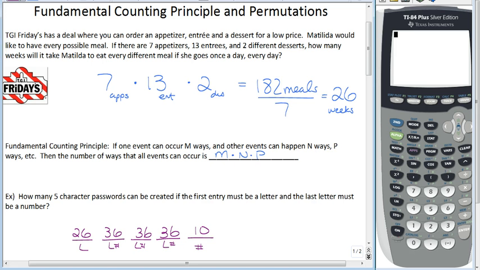Okay? So after you multiply all that together in your calculator, you're going to find out that if you must follow these instructions, you have over 12 million possibilities when you have those very loose restrictions on a password.